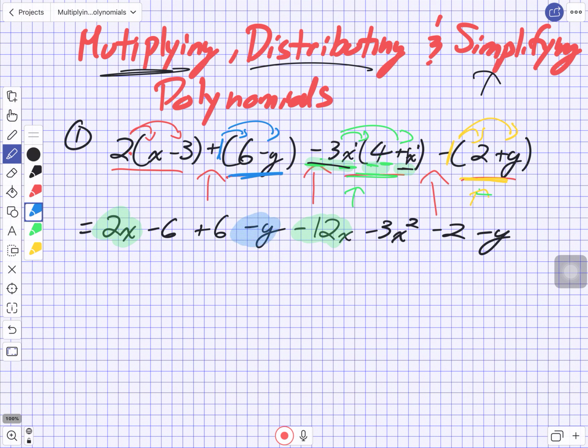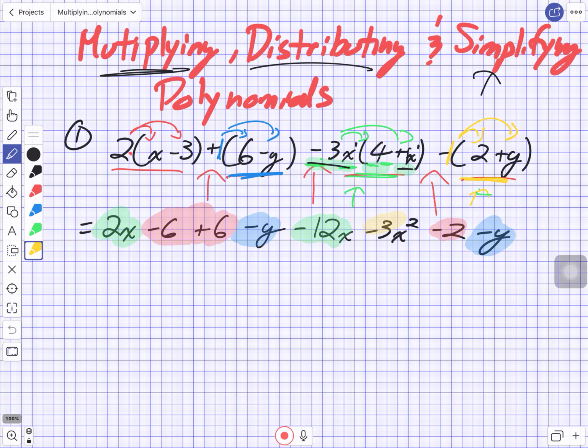Do you see any other y variables? I see the negative y. Yeah, negative y. Now here's something interesting. How about negative 6? Any other like terms for negative 6, because it doesn't have a variable? Positive 6. Yeah, anything that doesn't have a variable is essentially a constant. Any other constants you see? Negative 2, great. We'll put that together. And then finally, we do have one. I run out of colors. 1, 2, 3.